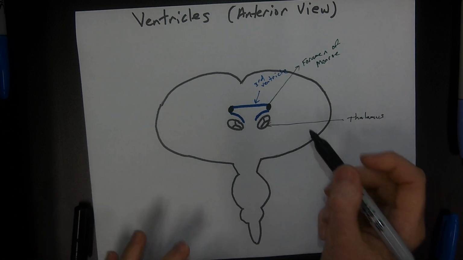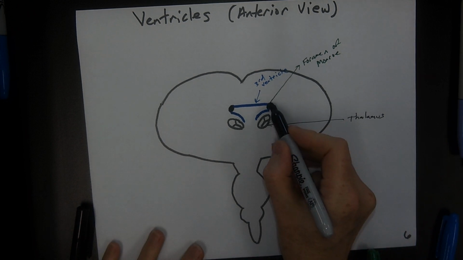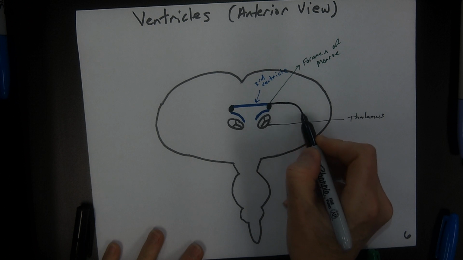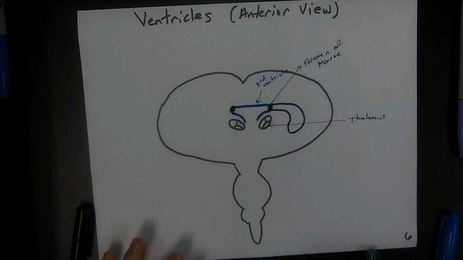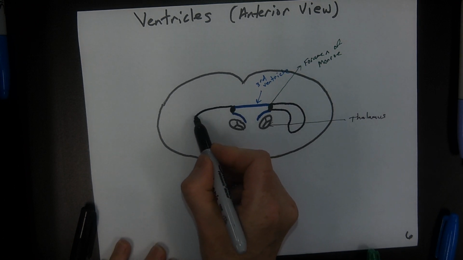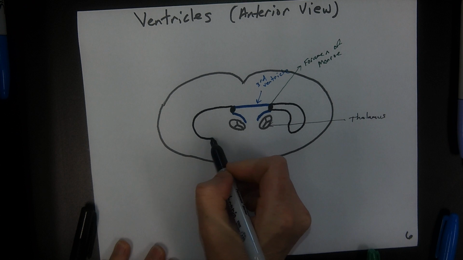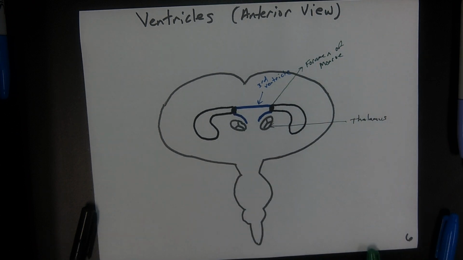So the lateral ventricles, from the front, what you see is just going to be this. They're just going to look like a little horn kind of shape, on the outside. Now you're looking at the pair of lateral ventricles.